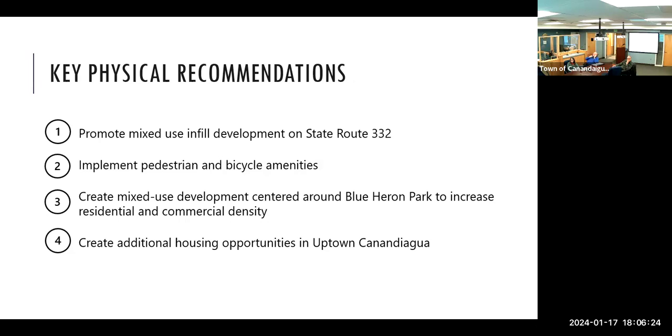As we know, that plays into development types, development densities, and how development is arranged on a site. That's an important component of the overall form-based code recommendation. I talked about the mixed-use development centered around Blue Heron Park. And a large portion of this was wanting to spur additional opportunities for residential development to create stronger densities in this area.